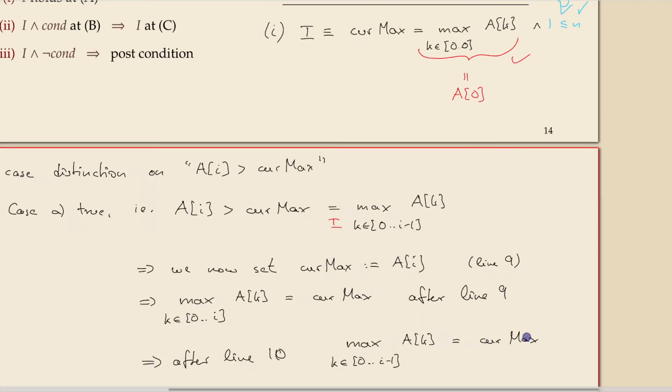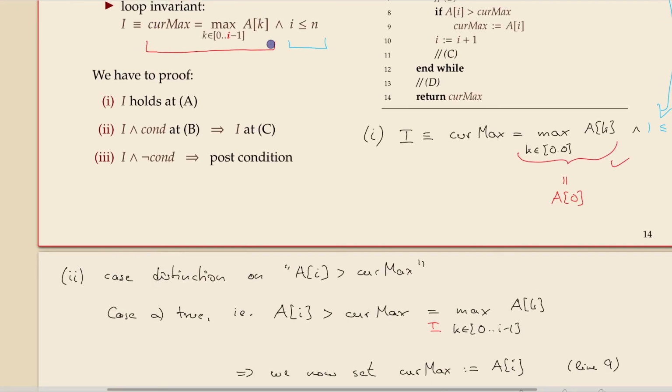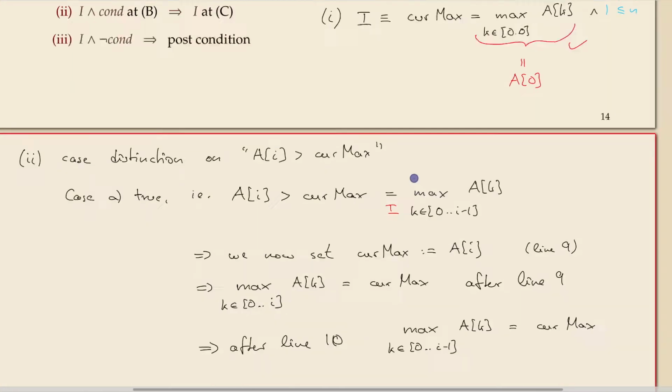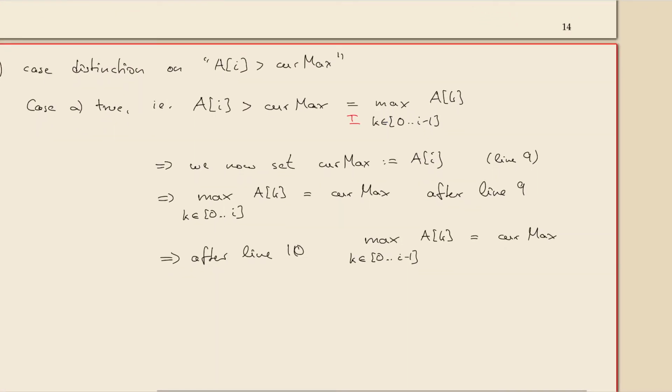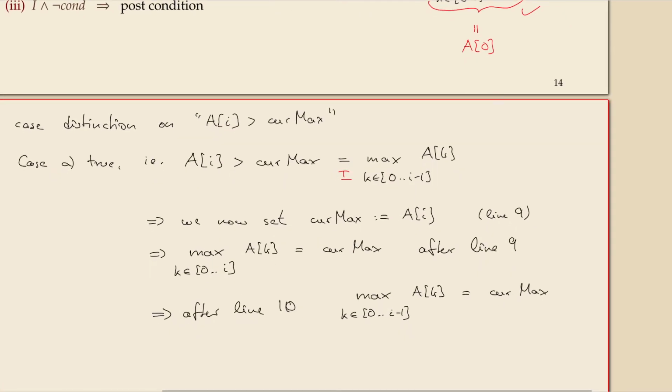And now if you look at this, that is exactly the red part of the loop invariant. It's character by character the same thing. And also after line 10, I should have stressed this, that's really at C. It's the same position.